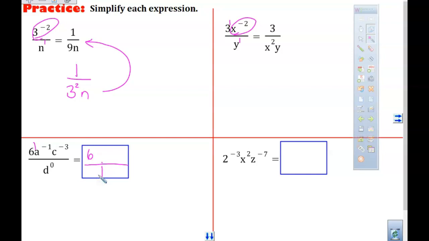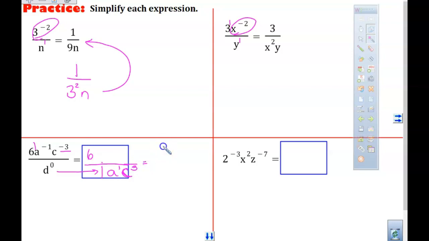If I move it to the denominator, it becomes a to the first. Jared, how about the c? Keep it with the 6 because it's a positive exponent. Nope. The 6 was positive, so we got to say this was my d to the 0 was 1. The negative moved down. What do I have to do with the negative 3? Okay, and I'm going to have c to the positive 3 now.